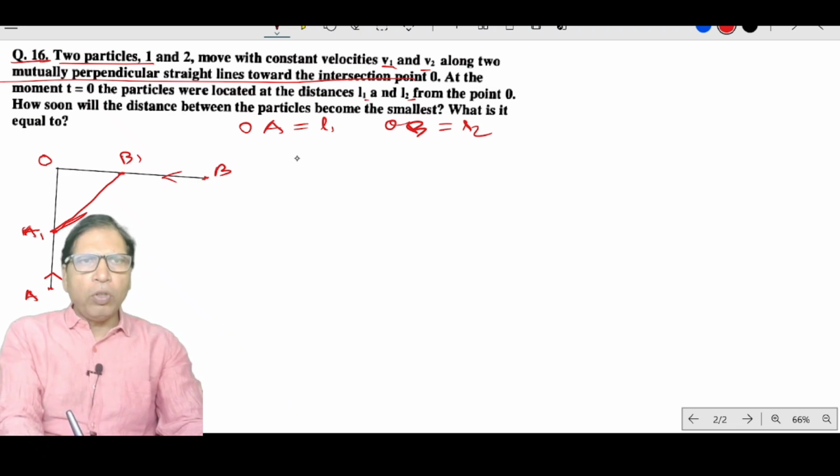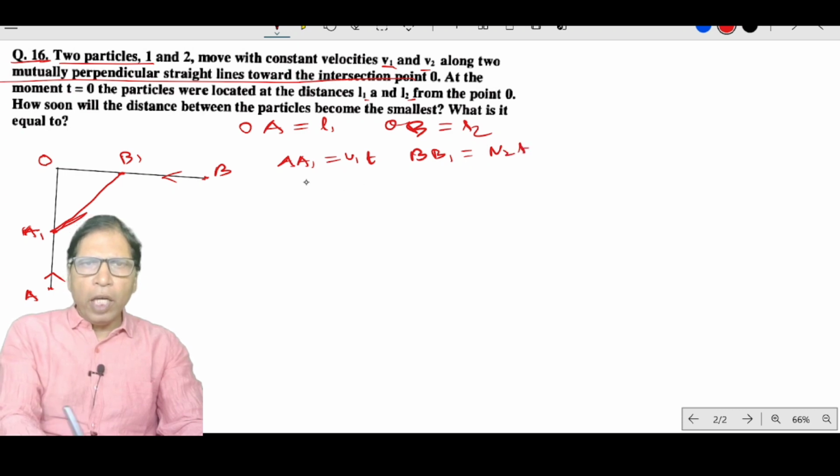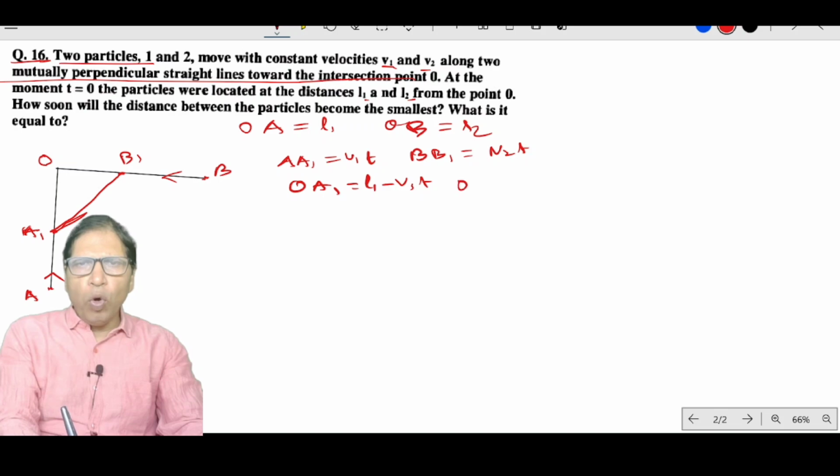If v1 is the velocity of the first, then AA1 equals v1 into t, and BB1 equals v2 into t. Therefore, OA1 is equal to L1 minus v1t, and OB1 is L2 minus v2 into t.